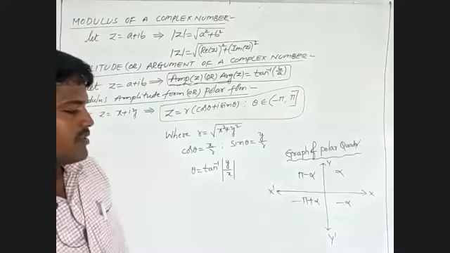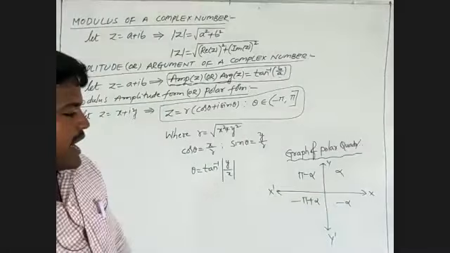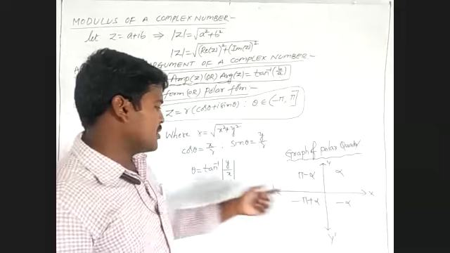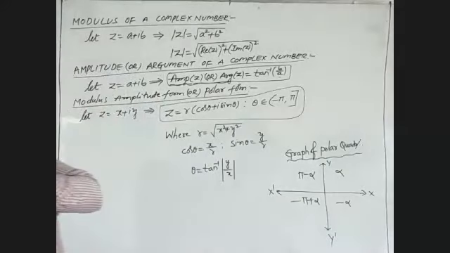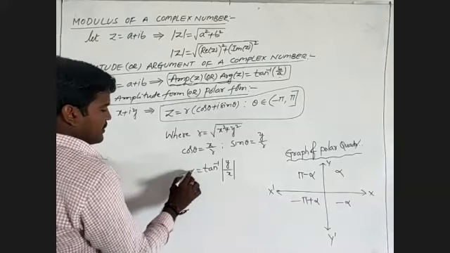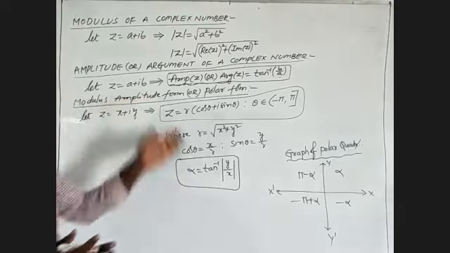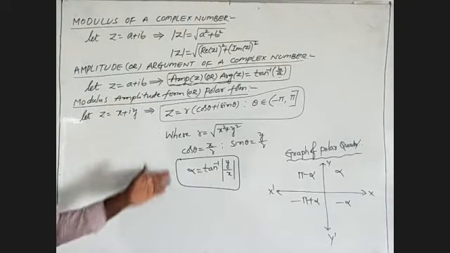Finally, if theta lies in the fourth quadrant, theta is equal to minus alpha. Here also alpha. This is the polar form. This is most important for 2 marks.